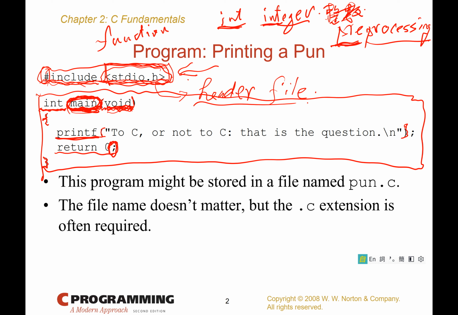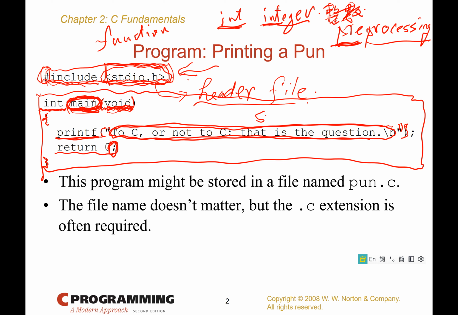Inside the parenthesis, you have two double quotation marks. Between these two double quotations, we call it a string. What is a string? A string is a sequence of characters. And this string will be shown on the screen.